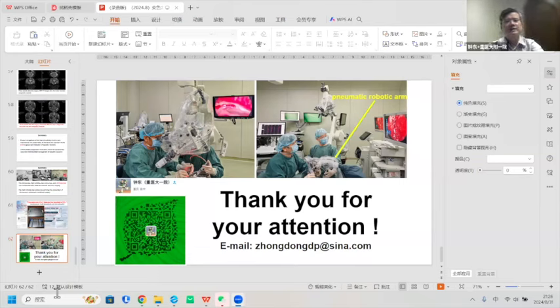Under the digital variable view endoscope, the operation is difficult, yes, but in the IAC it is simple. It just needs us to use the scraper to scrape the residual tumor backwards towards the posterior wall.